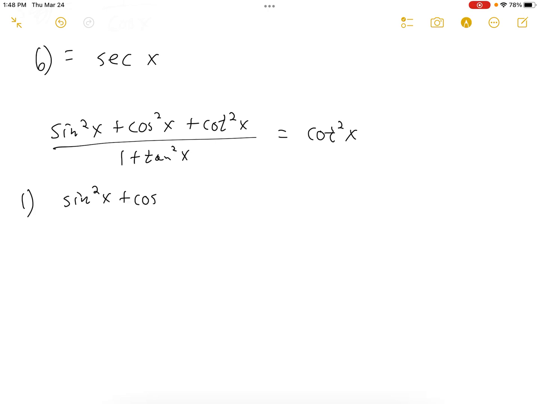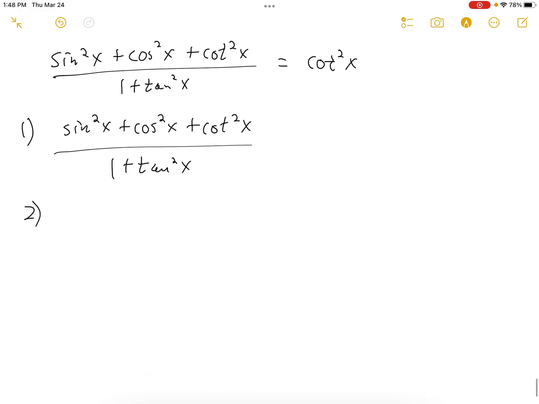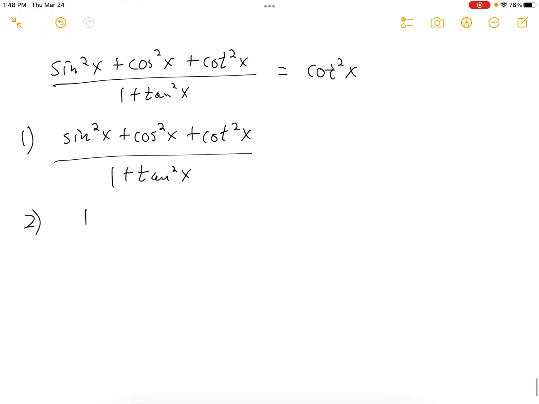Sine squared x plus cosine squared x plus cotangent squared x all over 1 plus tangent squared x. But then, step 2, they say, okay, that's 1 plus cotangent squared x over 1 plus tangent squared x. And the reason is because this, remember, is 1.